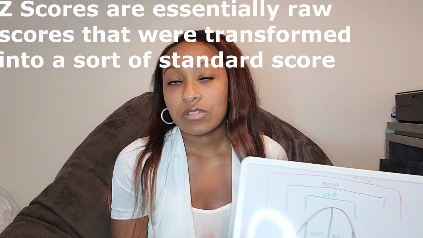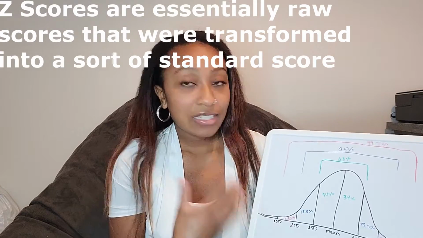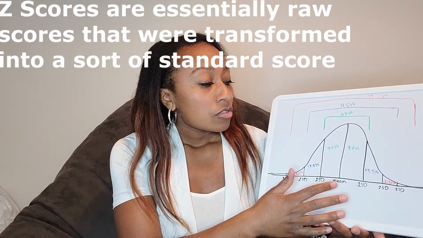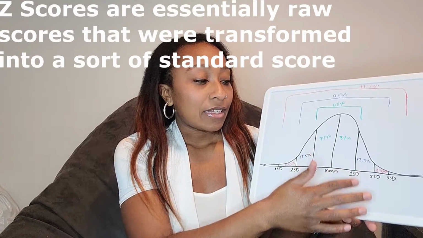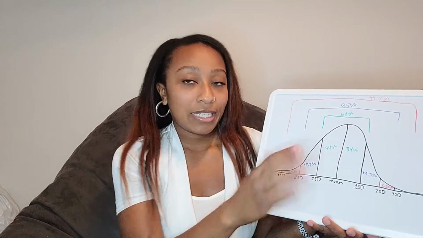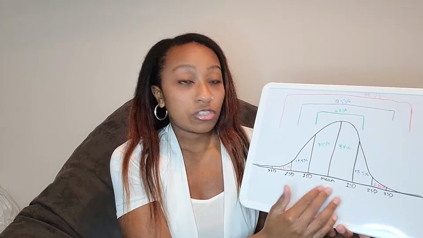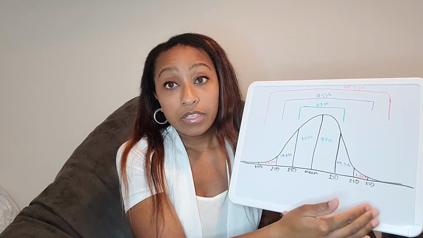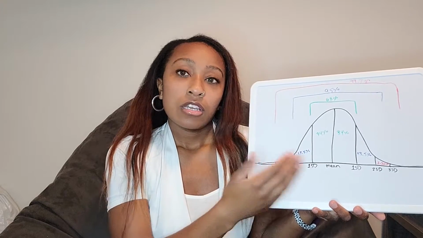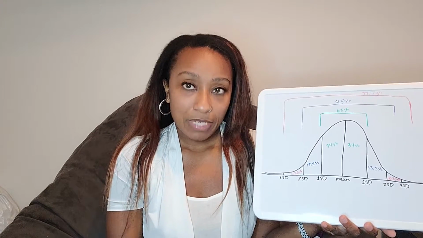Even when you're doing an achievement test or an intelligence test, before you get your standard scores, you get your raw scores, and that's what the z-score is pertaining to. They go by +1, +2, -1, -2, and it tells you the direction of the standard deviation. If it's plus, you're going above the mean, and if it's minus or negative, you're going below the mean. Okay, so that's for z-scores.